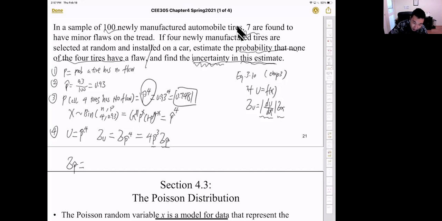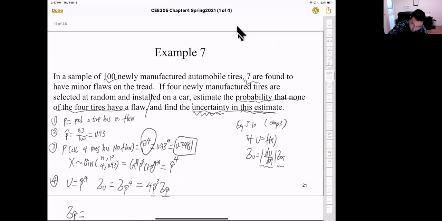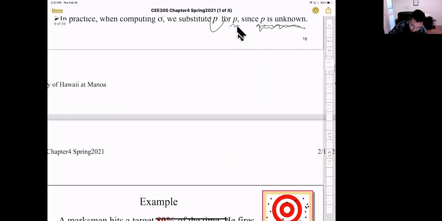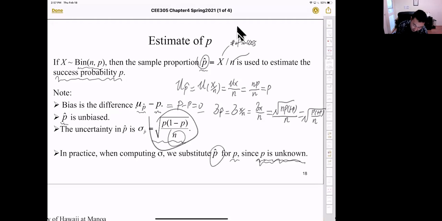Based on the slides, slide 18, which is here, sigma p is the square root of p times 1 minus p over n.